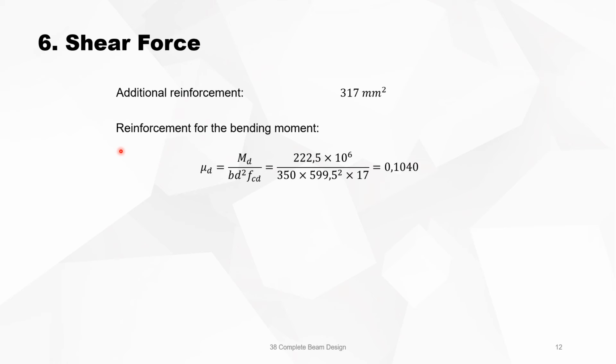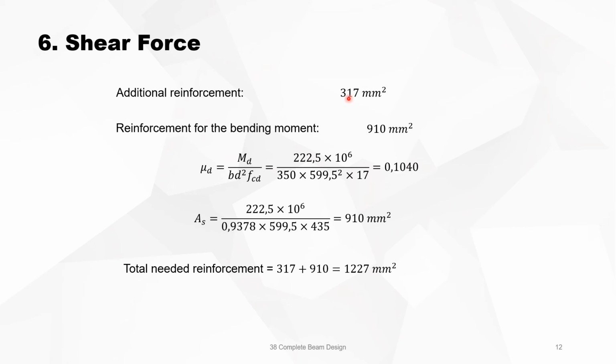Reinforcement for the bending moment at the point of the first crack. So where MEd was 222.5, the reduced bending moment is 0.104, and with the use of the tables, we calculate the reinforcement, or we calculate the lever arm Z. We calculate the reinforcement is 910 square millimeters that we need to take the bending moment at the first crack.